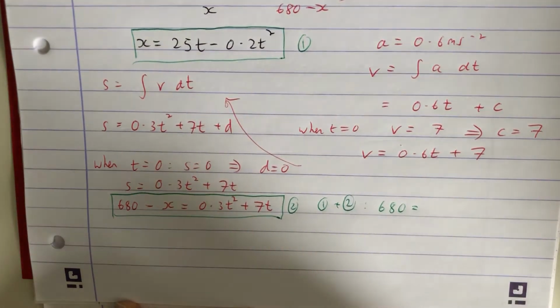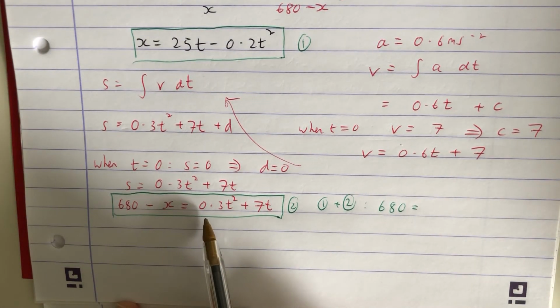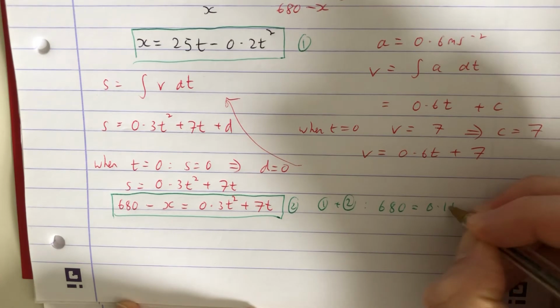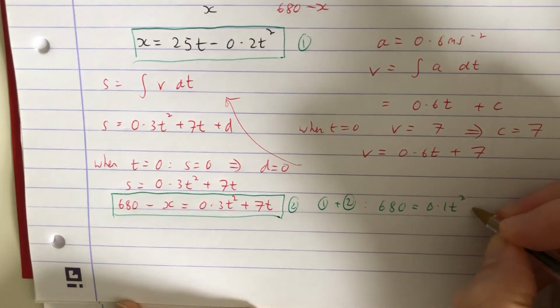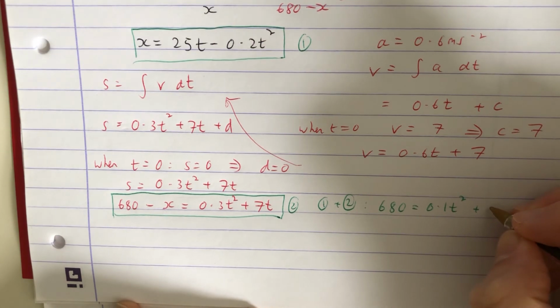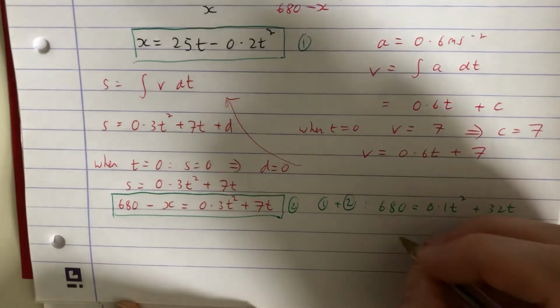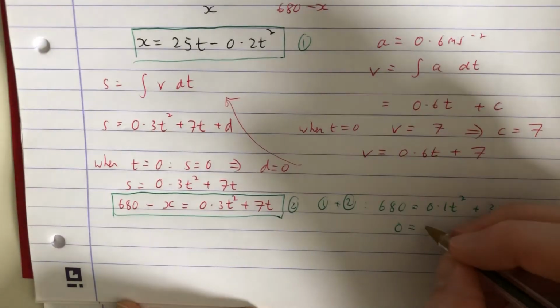680 equals 0.1t squared plus 32t, make that equal to 0.